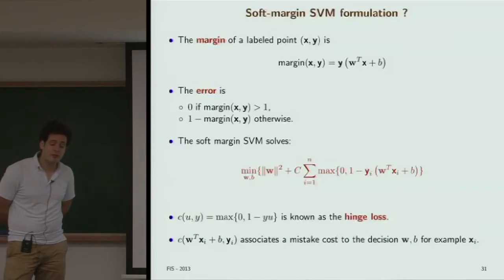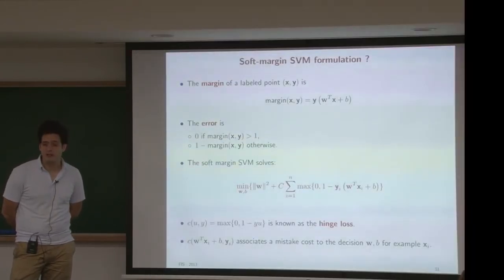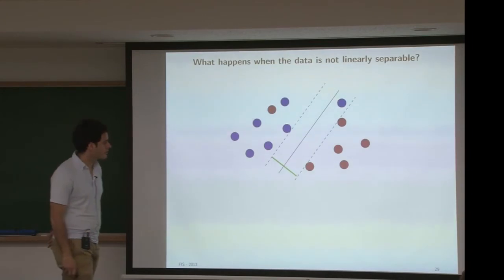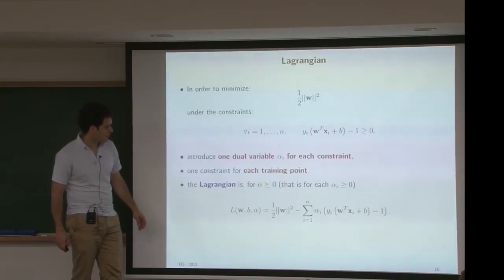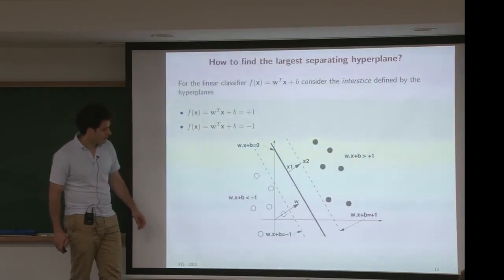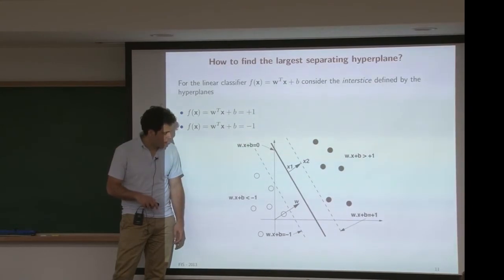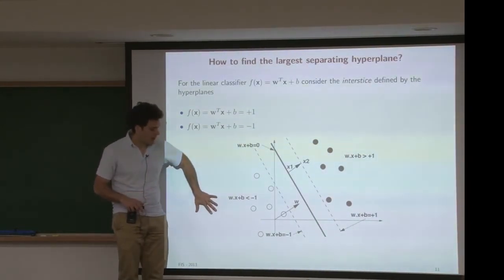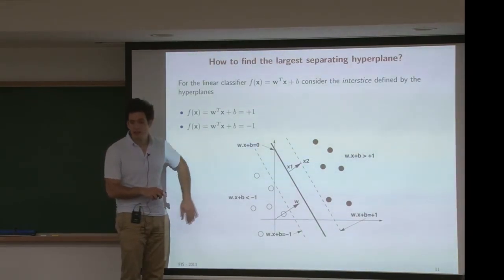So if you remember from the previous slides, ideally we want y times w transpose x plus b to be very large. Points such that y times w transpose x plus b is very large are points which are either here and white or points which are either here and black.